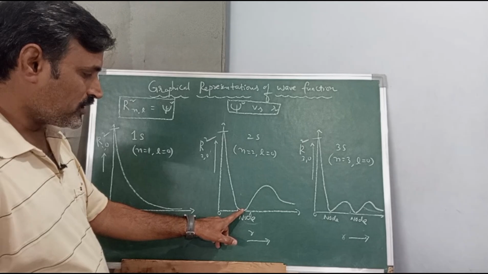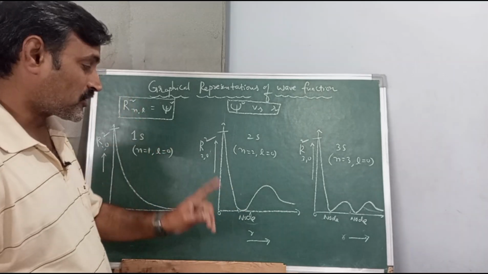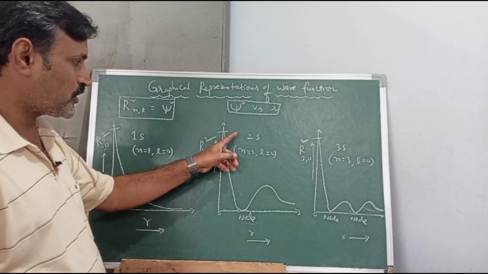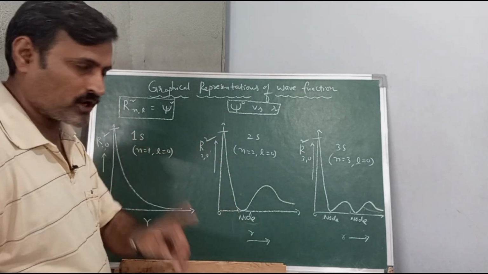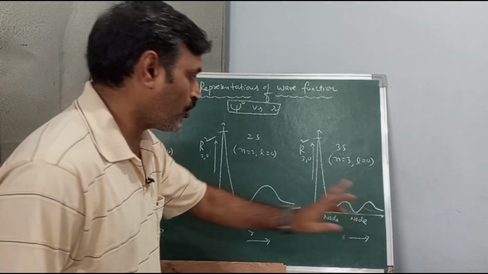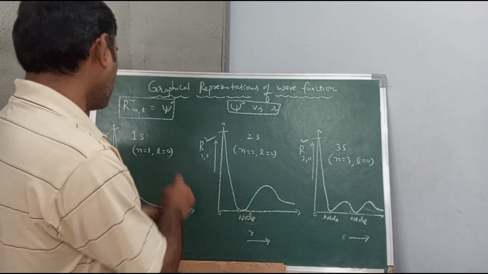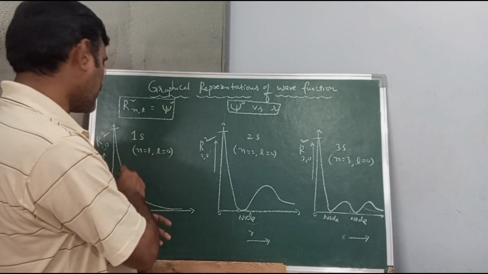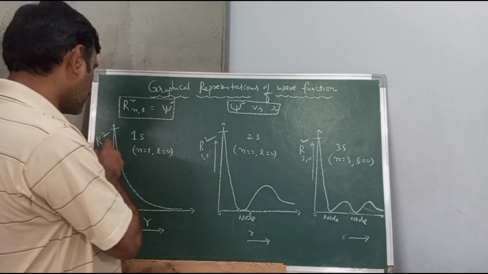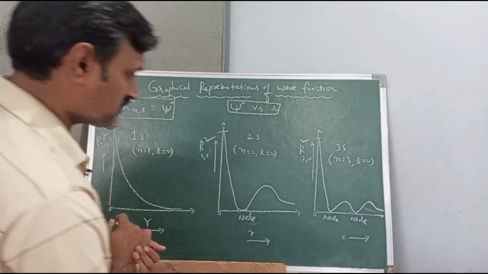This is the node where the probability of finding the electron is 0. For the 2s orbital we got one node, and for the 3s orbital we got two nodes in the graphical representations. We got these curves after drawing the graph between R squared nl and radius.